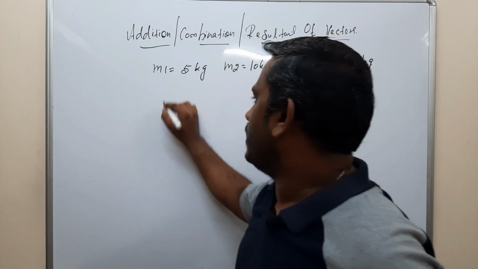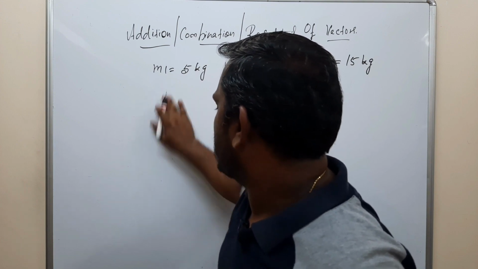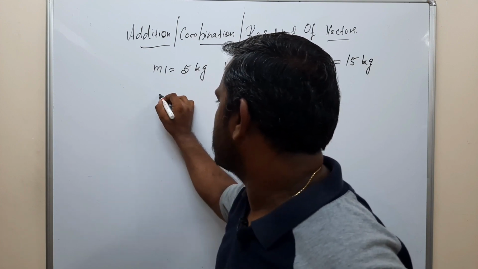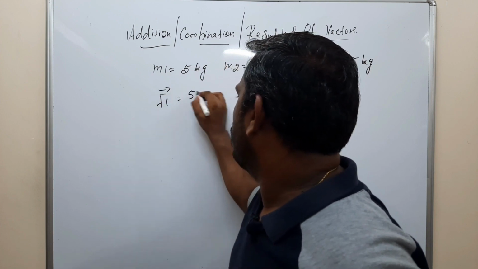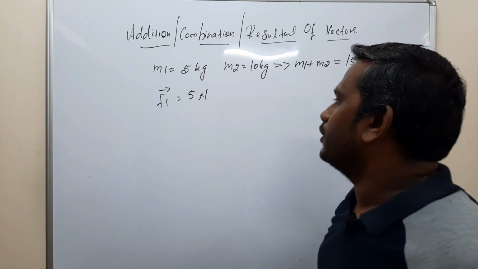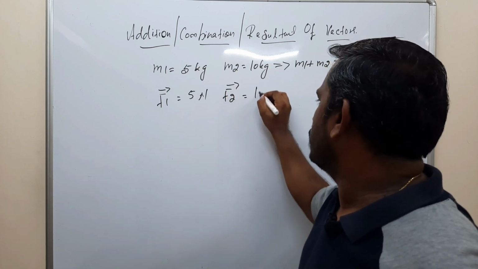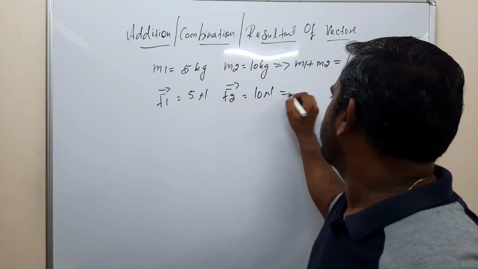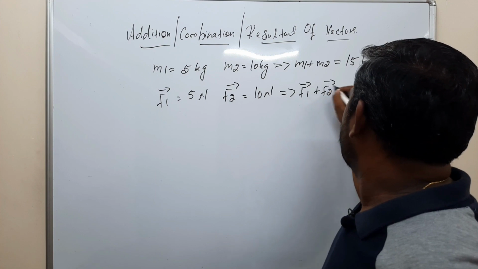Suppose this is a vector: the f1 vector is equal to 5 Newton, and the f2 vector is equal to 10 Newton. What is f1 vector plus f2 vector?